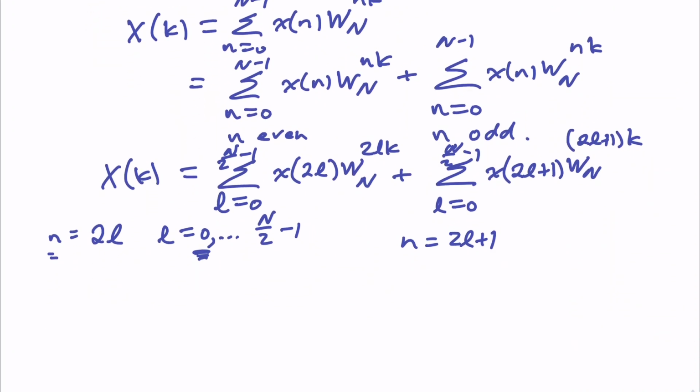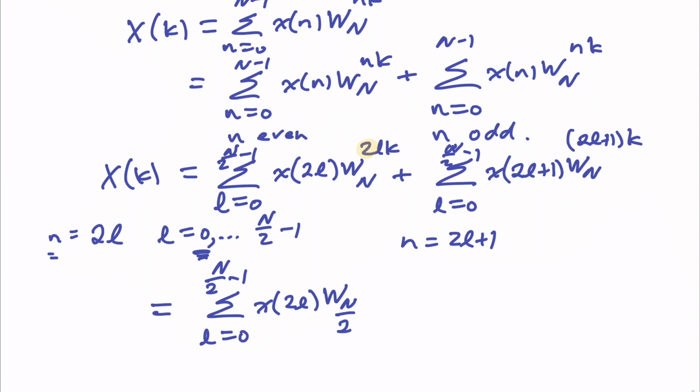All right, so we're getting pretty close. And what we do next is we just do some manipulations. All right, so this still is l going from 0 to N over 2 minus 1, x of 2l. These are just sample values, okay? And then I'm going to take this 2 and move it down using properties of twiddle factors.